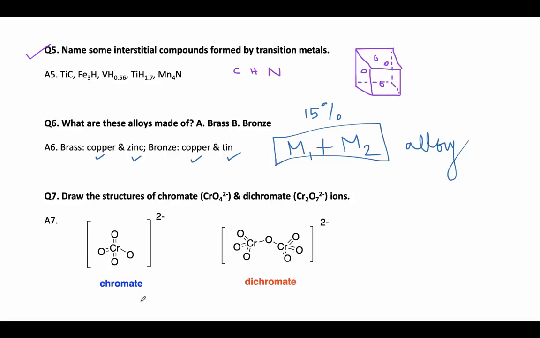Both compounds are very well known. In the case of chromate, the compound is potassium chromate, depicted as K2CrO4. The dichromate is available in its sodium and potassium salt format. The potassium one is most well known, which is K2Cr2O7.